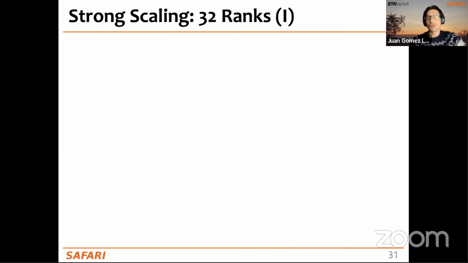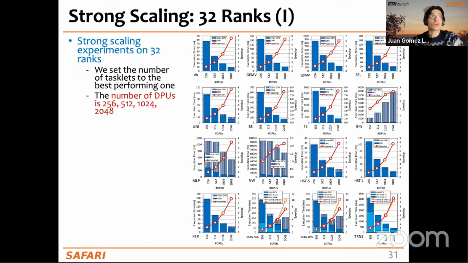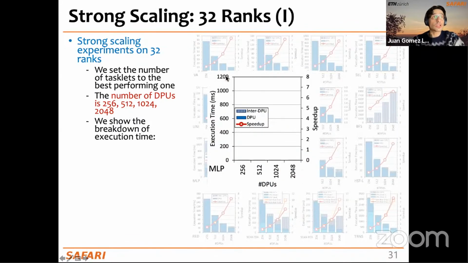Okay, now we move to the next set of experiments. These are strong scaling experiments on 32 ranks, or up to 32 ranks. In this case, we use a number of DPUs between 256 and 2048, and we show the execution time breakdown again.